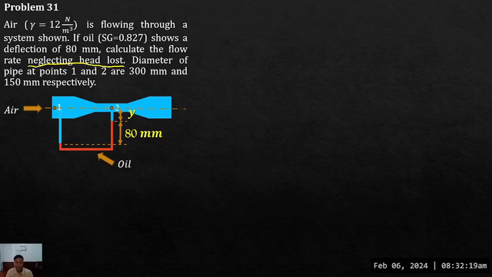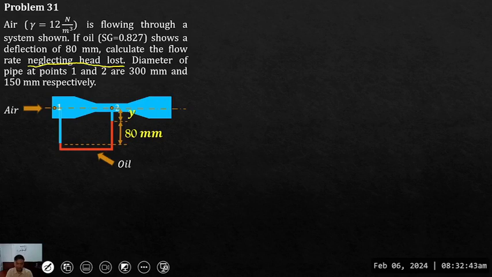And in an ideal system, wala po tayong kino-consider na head loss, no? So nini-neglect natin yung head loss due to friction and due to contraction or yung pagbabago ng cross-section, as is the case in this particular example. So nini-neglect natin lahat ng yan. So ibig sabihin, theoretical discharge po yung pinapahanap sa atin.